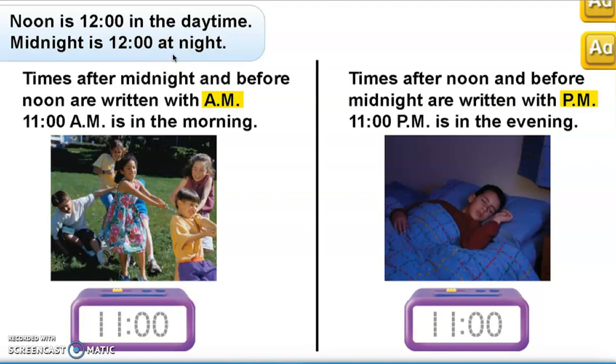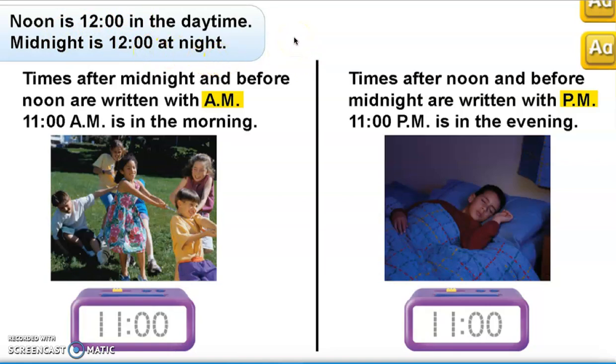It's almost like the morning starts at night and the afternoon or evening nighttime start in the middle of the day. So it is a little bit tricky. So just remember that AM goes from midnight all the way till 12 o'clock noon in the daytime. And then PM goes from 12 o'clock noon in the daytime all the way to midnight at 12 o'clock.